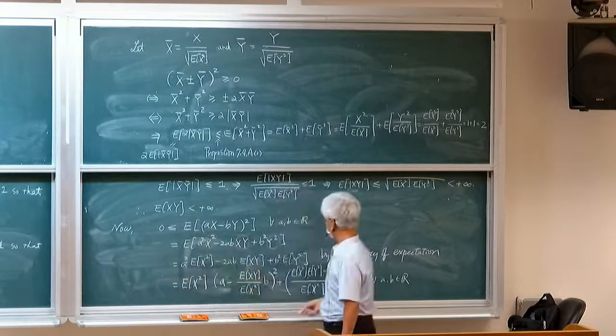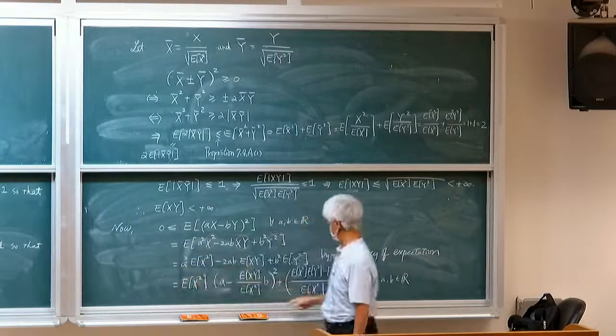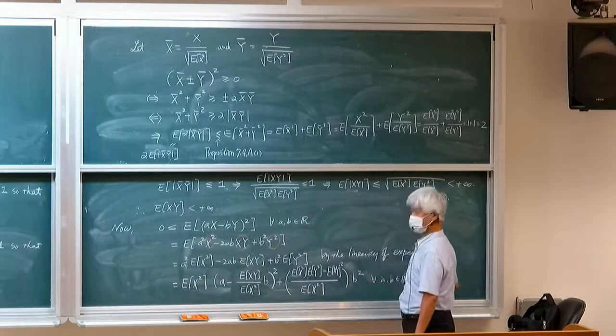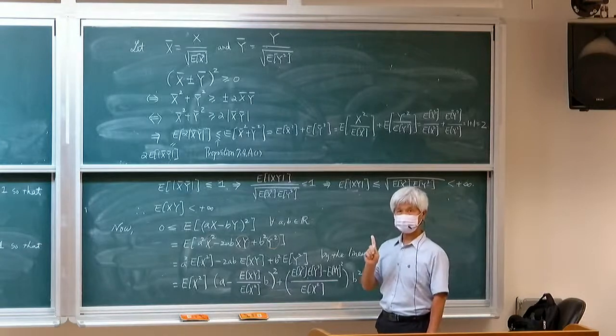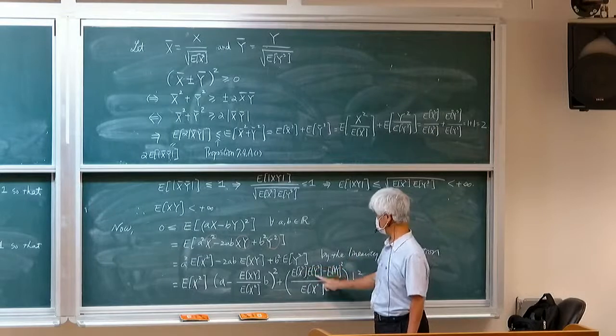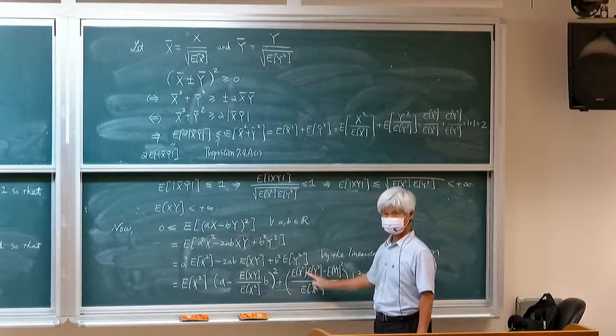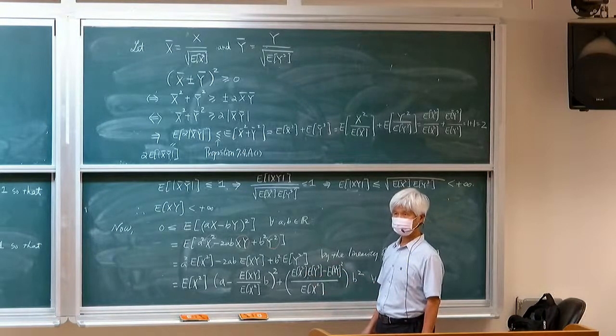Okay? So if this inequality is to be true for all a, b in R, the only thing you can have is that this numerator is greater than or equal to 0. It cannot be negative. Can you see that?